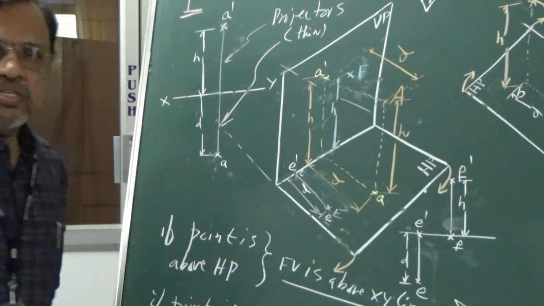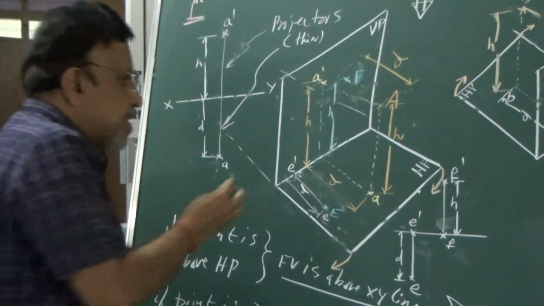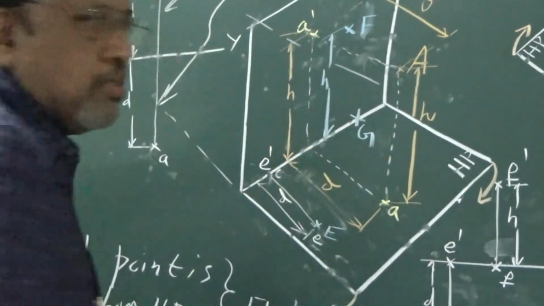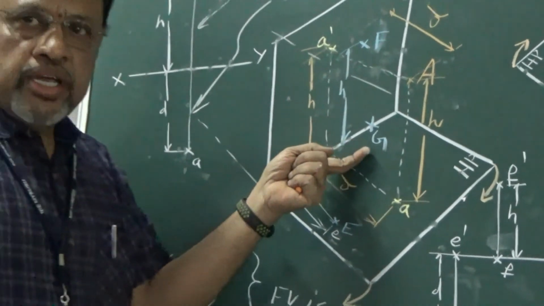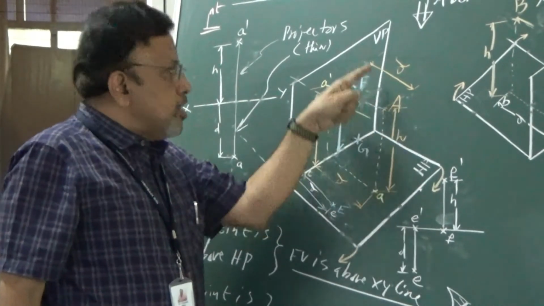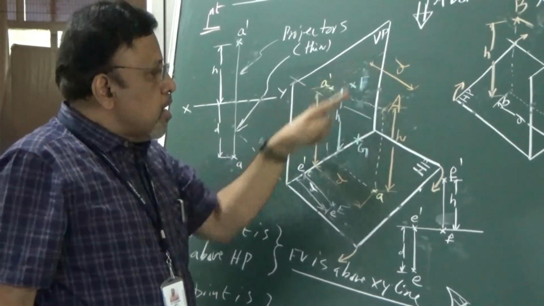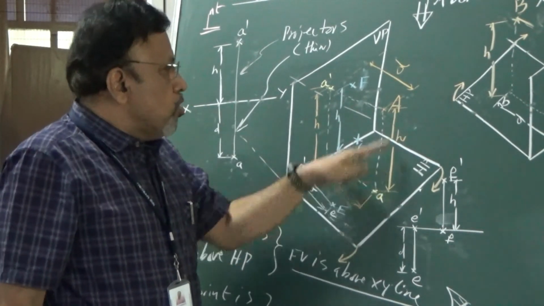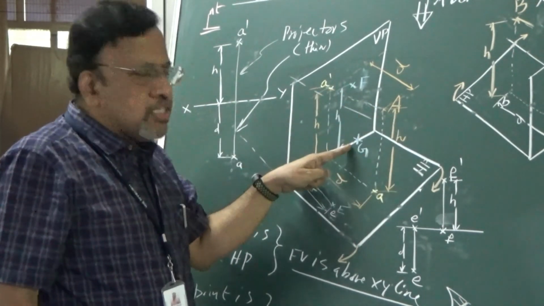And this distance is equal to H distance. Now finally, let us say we have a point somewhere here itself. Let us say this point is G. What about this point G? G is not only in HP, it is also in VP. That will say that this point G is in HP as well as VP, so both its H distance and D distance are 0.